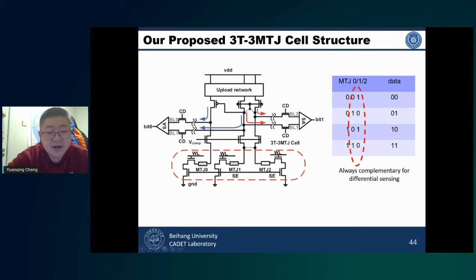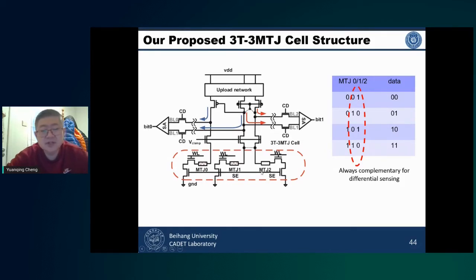But at the same time, MTJ1 and MTJ2 themselves form the complementary cell structure that is similar to the 2T2MTJ case. So to read out this bit, we can use the differential sensing. Then the bit 1 readout speed will be much higher than the bit 0 read speed.